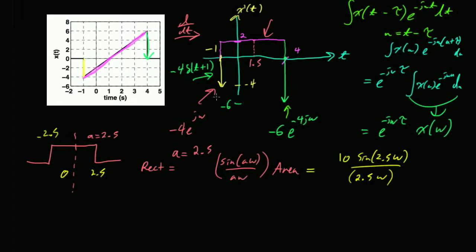But it's been shifted 1.5 units to the right, so it's actually going from minus 1 to 4. So now I've got to shift this 1.5 units to the right. How do I do that? E to the minus j 1.5 omega. There we go. So by inspection, no integrals required. That's the Fourier transform of the derivative.